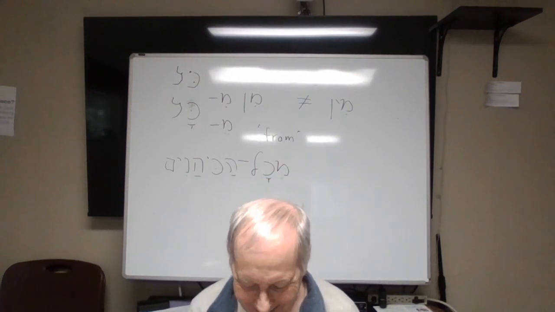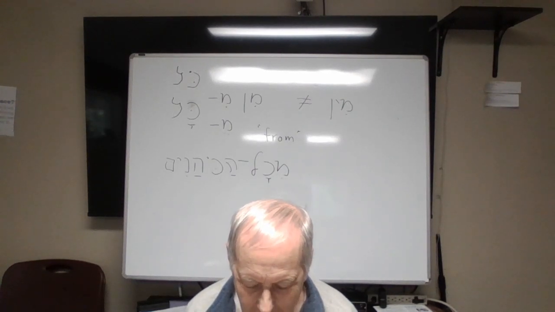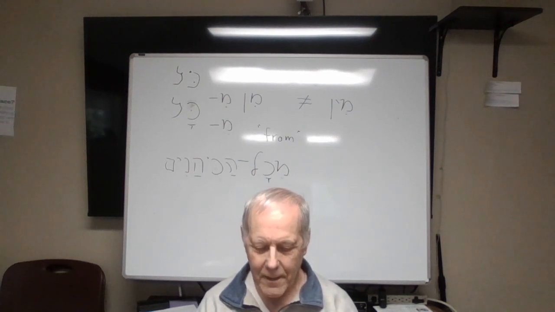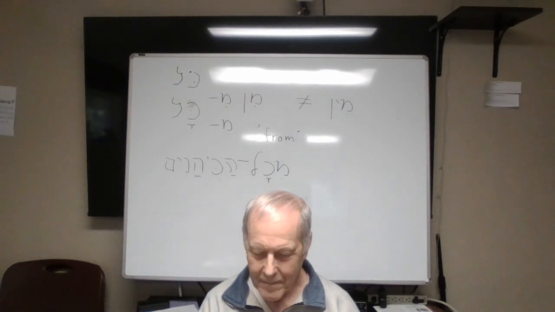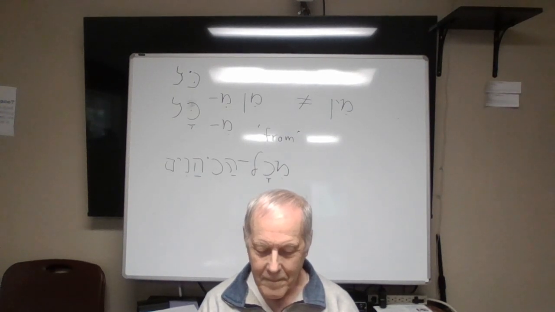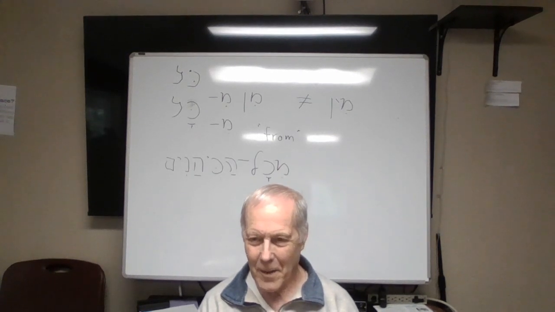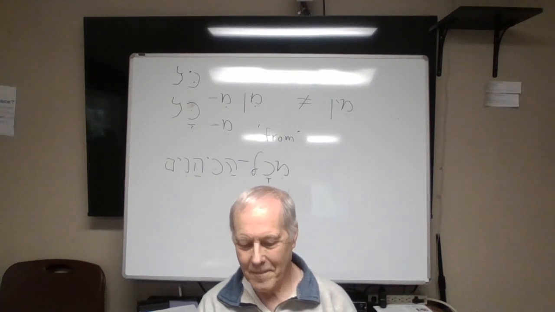Amar haKohen hatov na'ar halechem, mima barachta. Try that, Kathleen. Amar haKohen hatov na'ar halechem, mima barachta. Do you just end with the ta on that one?